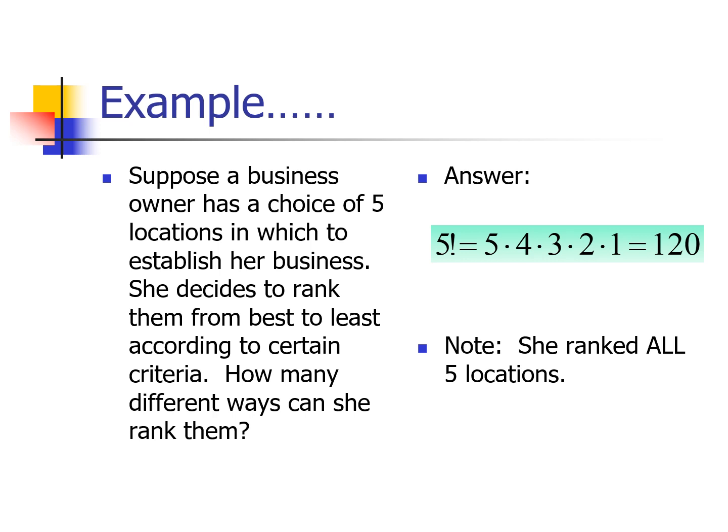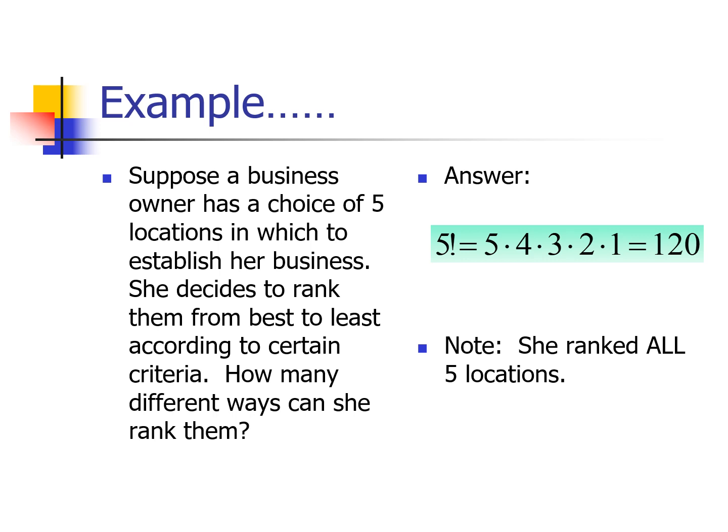Now, how about this example? Suppose a business owner has a choice of 5 locations in which to establish her business. She decides to rank them from best to least according to certain criteria. So, how many different ways can she rank them? Now, first, you have to ask yourself, i-rank niya ba yung lahat ng 5 locations or hindi lahat?